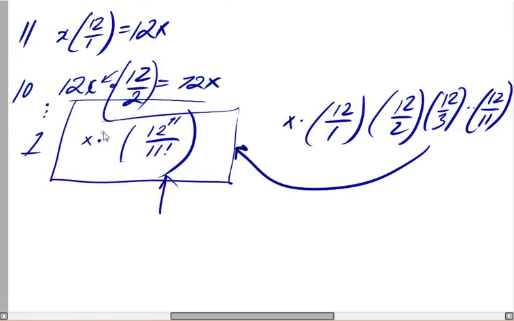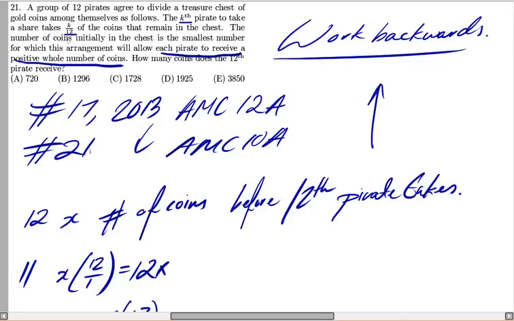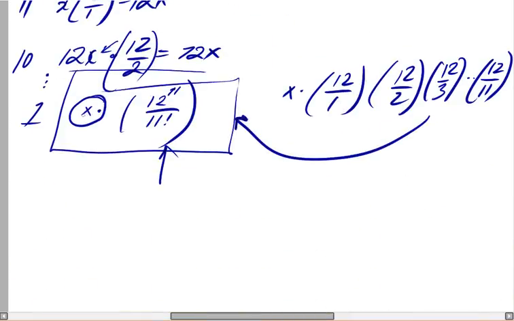So x is the number that the 12th pirate can take from, and the 12th pirate effectively takes 12 over 12, since he's the 12th pirate. So he takes all that remains, so he takes x coins. And if x is an integer, then we want this thing to be an integer, and if this is an integer, then all the successive amounts down the chain would be integers.